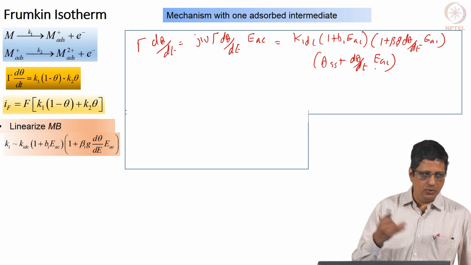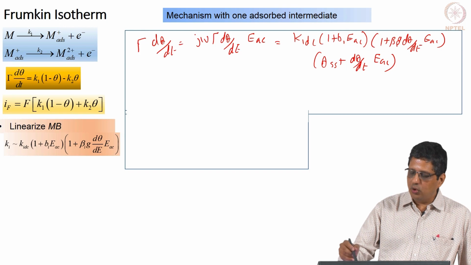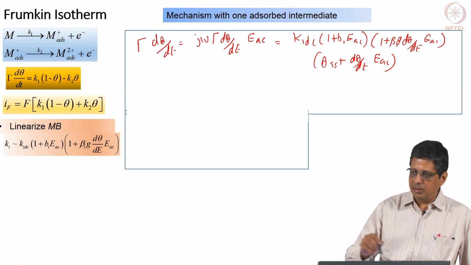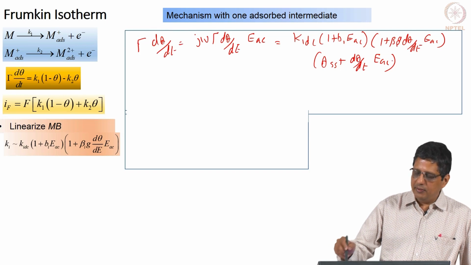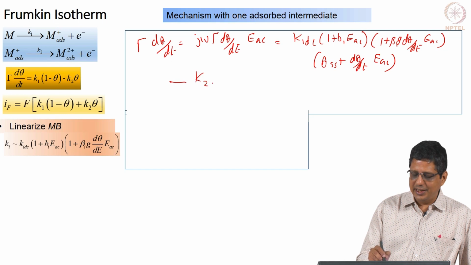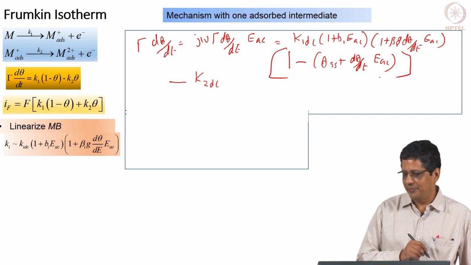k1 here gives rise to 2 EAC terms. So, in the product I will get 4 terms in the k1, but I will retain only 3 terms. Right now, I am just keeping them as they are. Theta will give rise to one more EAC, minus K2 dc. Sorry, it is 1 minus theta.